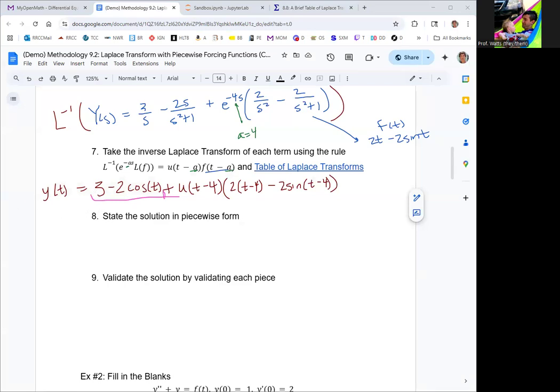So we'll put the 3 minus 2 cosine t, and that's when t is less than 4. Because when t is less than 4, the unit step function is 0, and all that other stuff's gone.